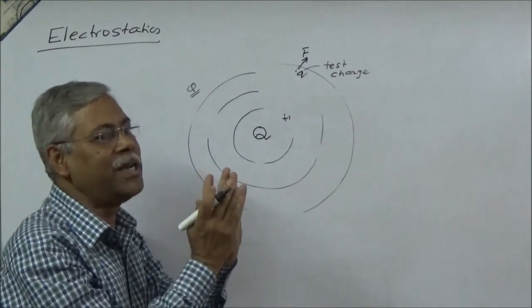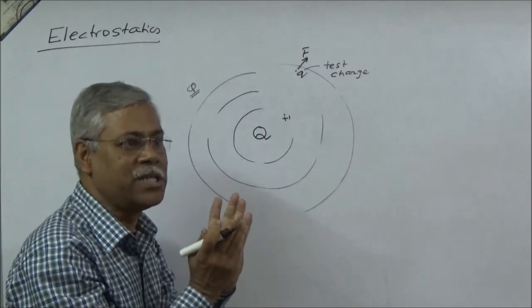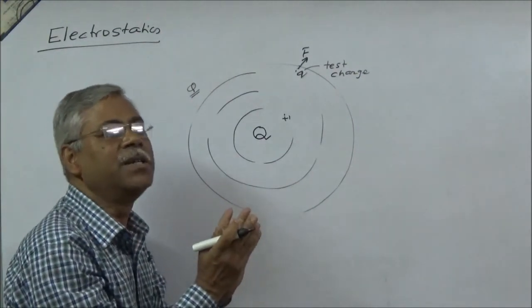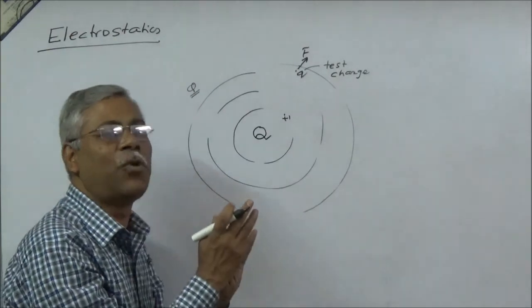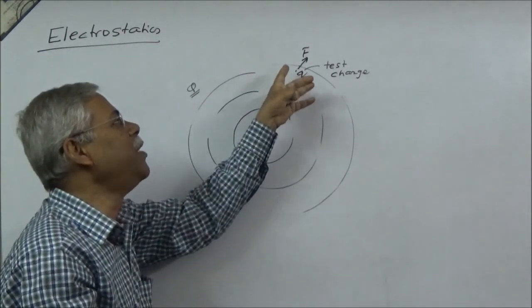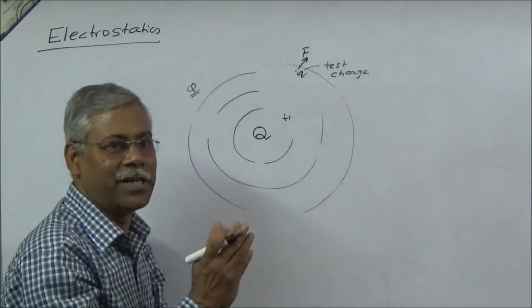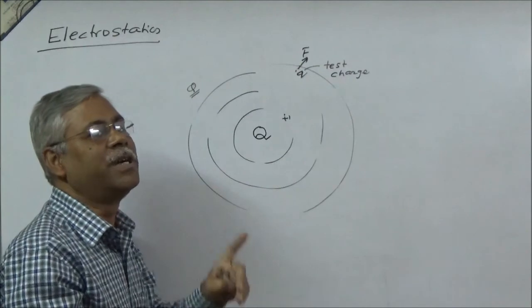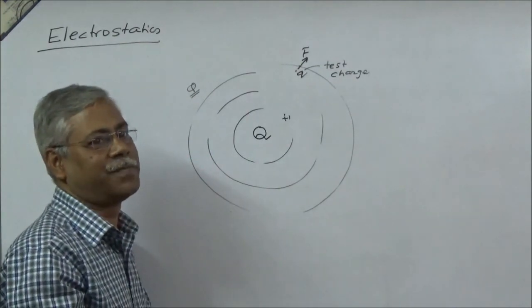The second point is that unit positive charge is not available. So what do we use in place of unit positive charge? A small charge. What is that small charge called? A test charge. We measure the force exerted on the test charge, and by the unitary method we find the force exerted on unit positive charge.